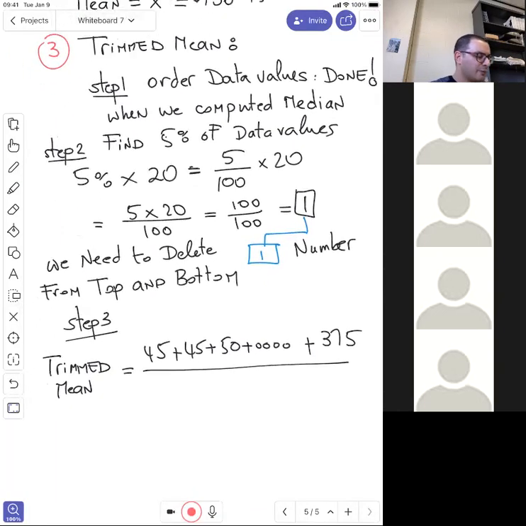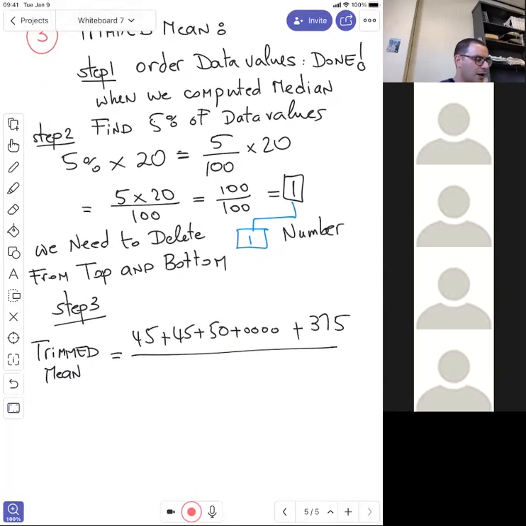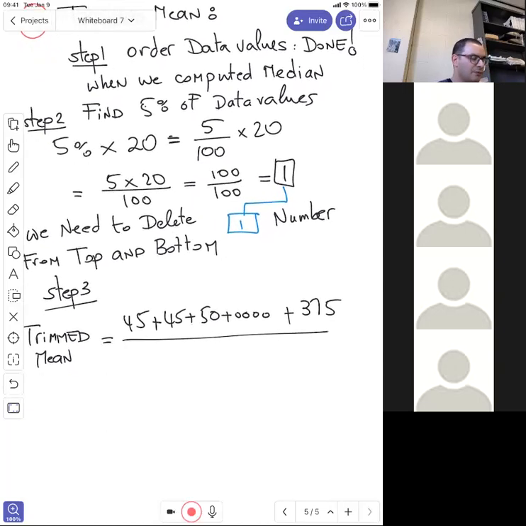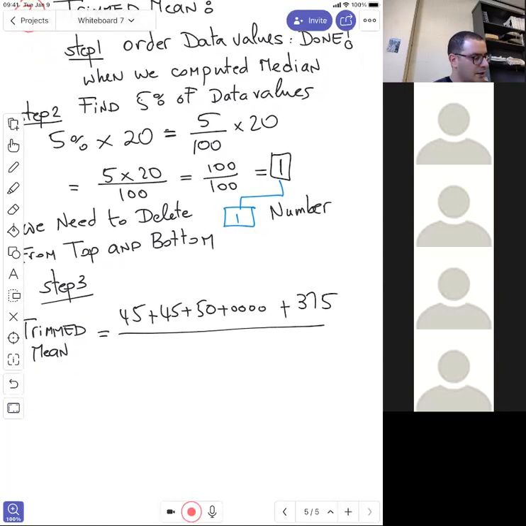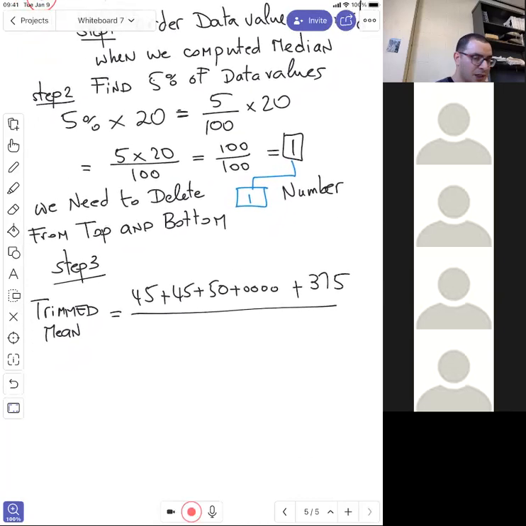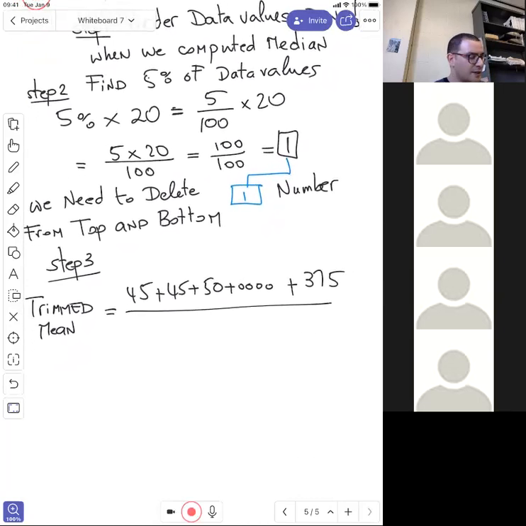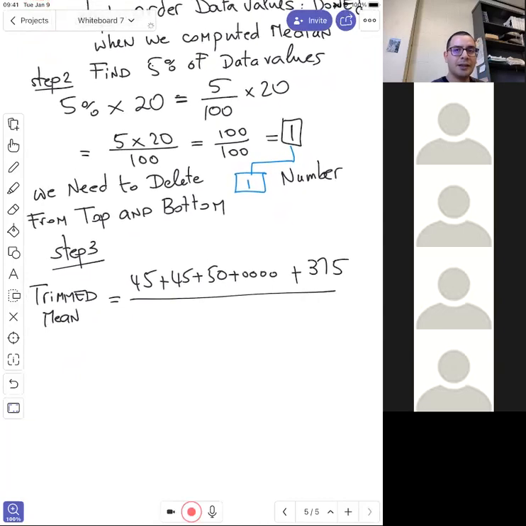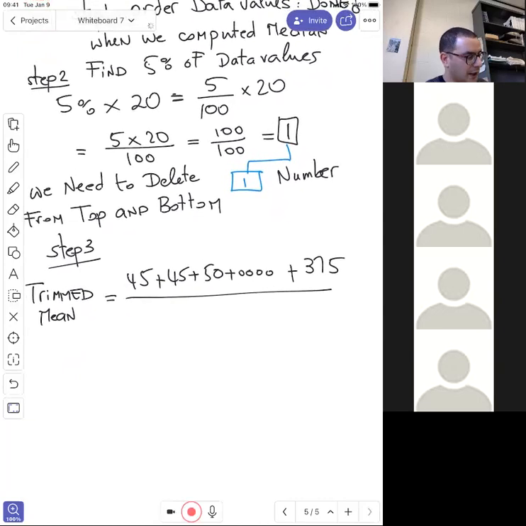And now be careful. I know from my experience, this is where a lot of people make a mistake. When you divide here, we don't divide by 20, because we deleted 2 numbers, right? So we need to divide by 18. Just be careful here. We divide by 18 because we are left with 18 numbers.